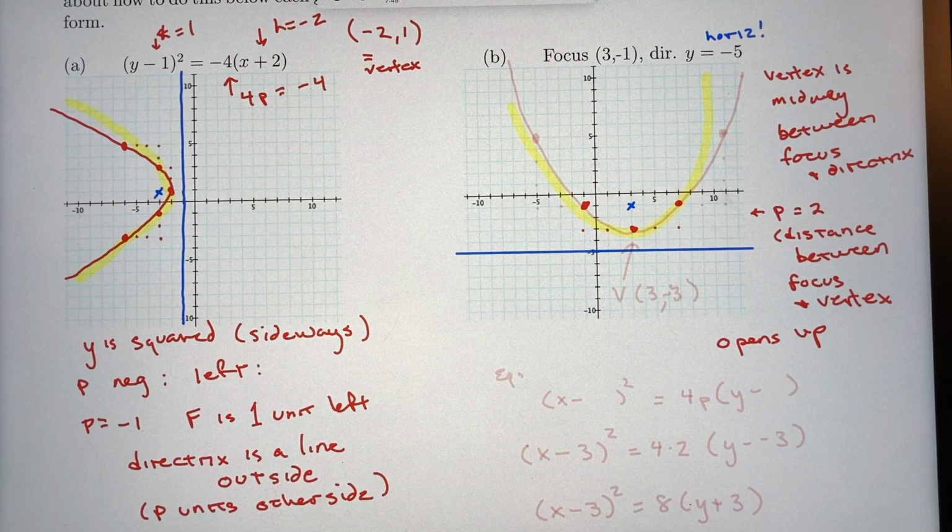Notice the width is called 4P because it's the distance between those 2 points. Okay, and then because we can, we're going to go 2 more P over and 3 more P up. Again, P is 2, not 1, so it's not just 2 over, it's 2 2s. 1, 2, and then 1, 2, 3. And then we can get a better picture.